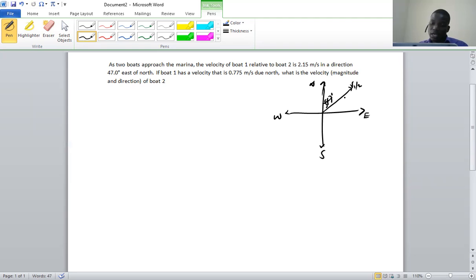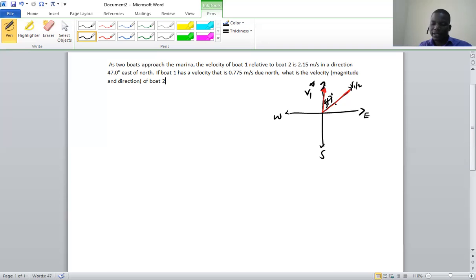That's where the angle is. And we also have that the velocity for boat 1 is 0.775 meters per second due north.